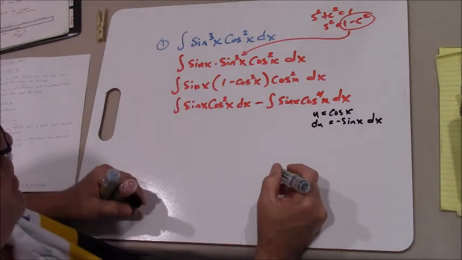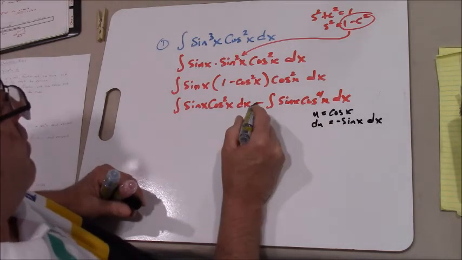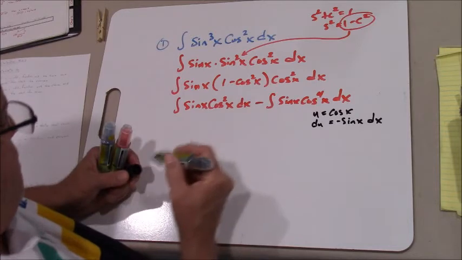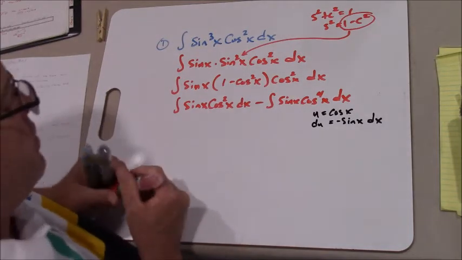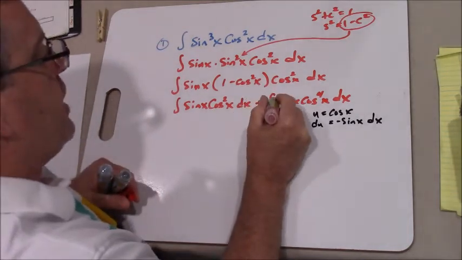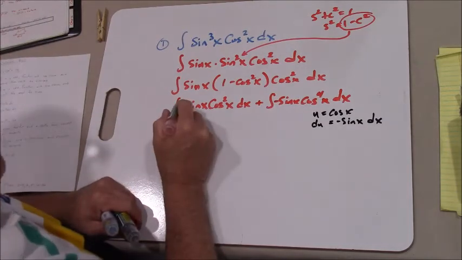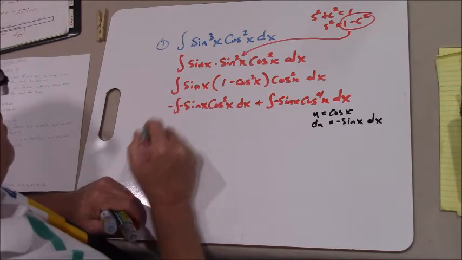So in order to see that negative sign, I'll bring this back into the integral, and here I'll need to put a negative sign there and then another one out in front.